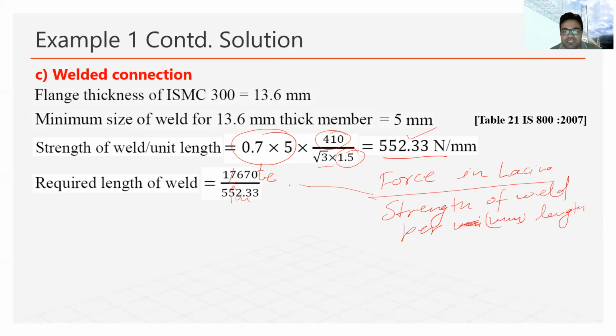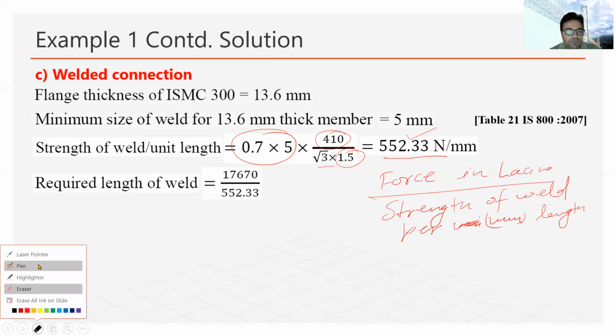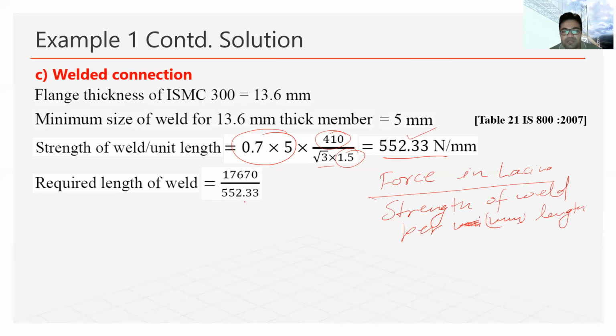The force in the lacing bar is 17670. Putting the values, we get the required length, which is 32 mm. This means only 32 mm length is required to support this much load. If we provide more than this, then we will be on the conservative side.